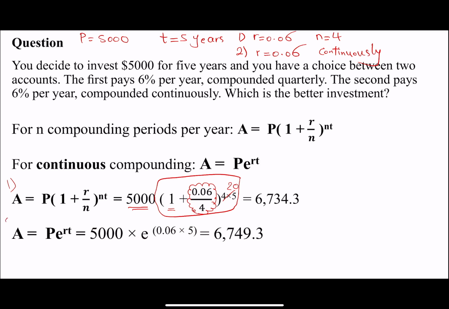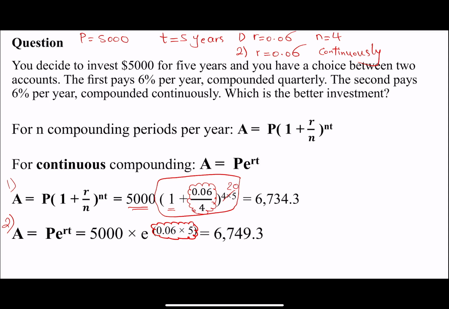Now, second option. A is equal to P, that's continuous, e to the power of r times t. So P is 5,000 times e to the power of r, 0.06 times 5. First of all, you need to calculate the power. 0.06 times 5 is 0.3.